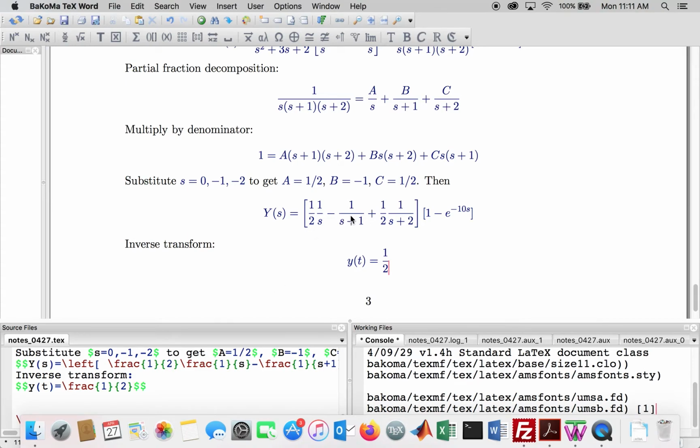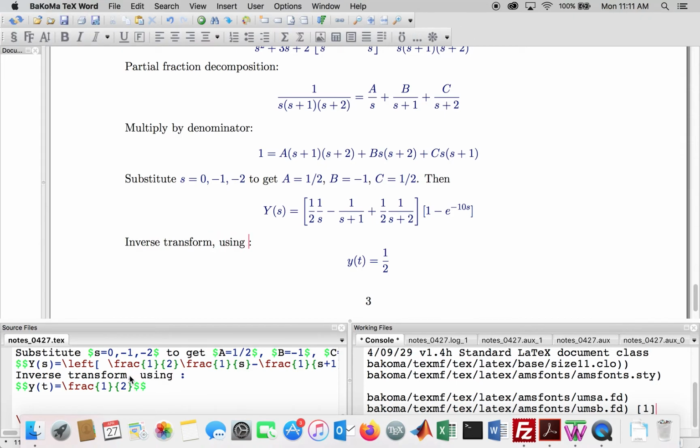And then over here, the inverse transform of 1 over s plus 1, when it's a shifted linear factor like this, is an exponential. So anytime you have a shifted function for a transform, I can write the rule down here.